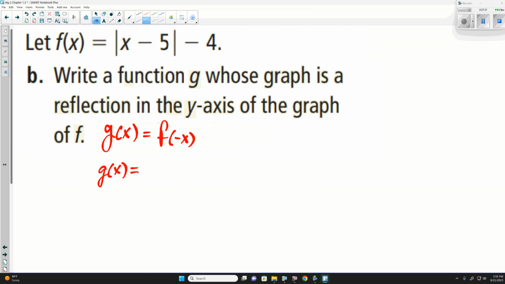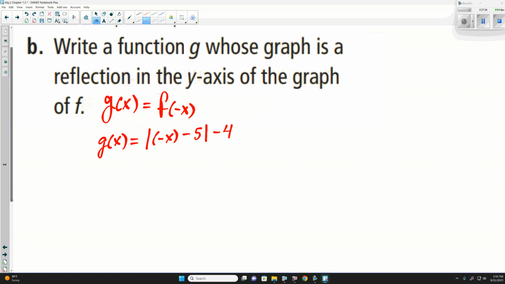So this time we're replacing every x in f of x with negative x. So we'd have the absolute value of negative x minus 5, minus 4. So we can drop the parentheses, if we need to.